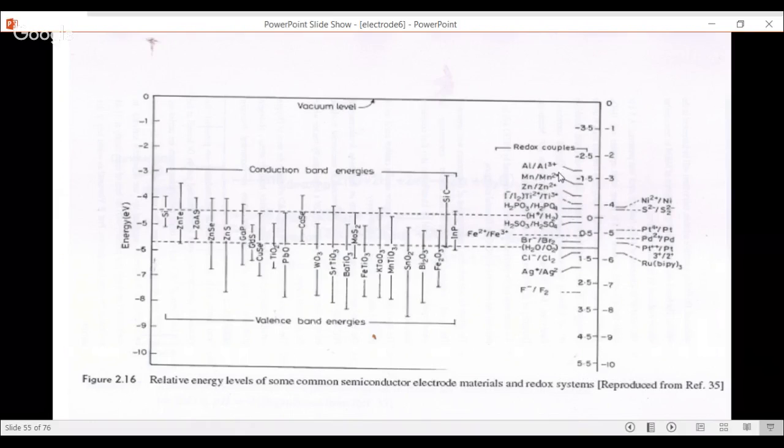Now here we have shown various species. We are not talking about water decomposition.